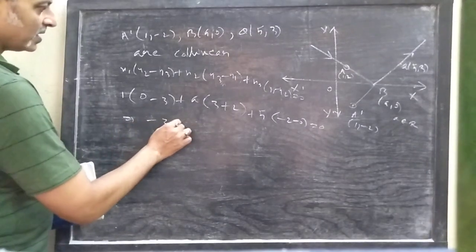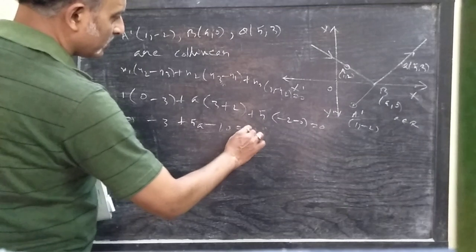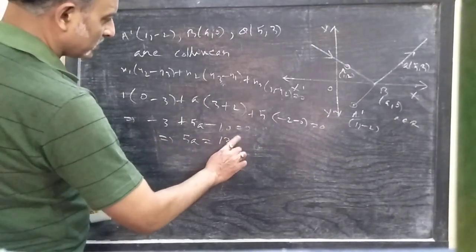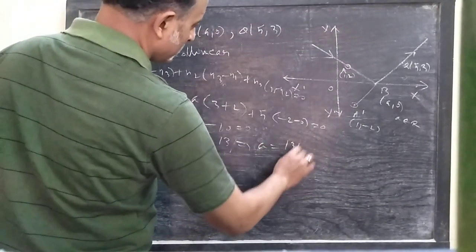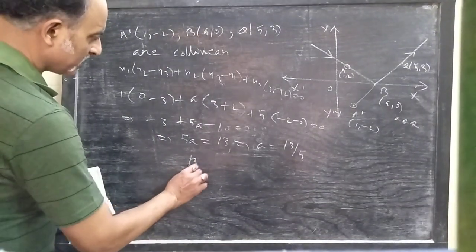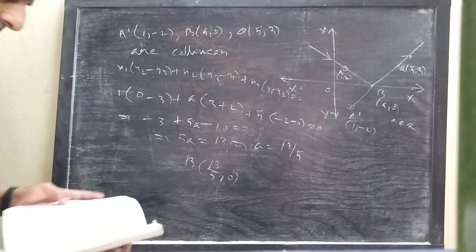This gives minus 3 plus 5a minus 10 equals 0. That implies 5a equals 13. That gives a equals 13 by 5. Therefore, the point of incidence is B(13 by 5, 0).